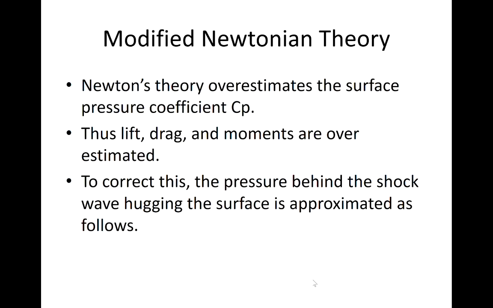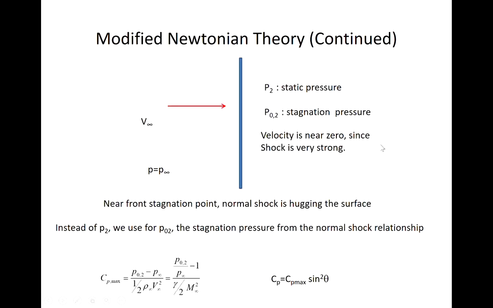Some people came up with a modified Newtonian theory that slightly improves it. Basically, rather than using a Cp equal to 2 times sine squared theta, I'm going to compute the stagnation pressure behind the shock wave. Then I will use Cp as the stagnation pressure behind the shock wave minus the static pressure in front of the shock wave, divided by 1/2 rho v squared.